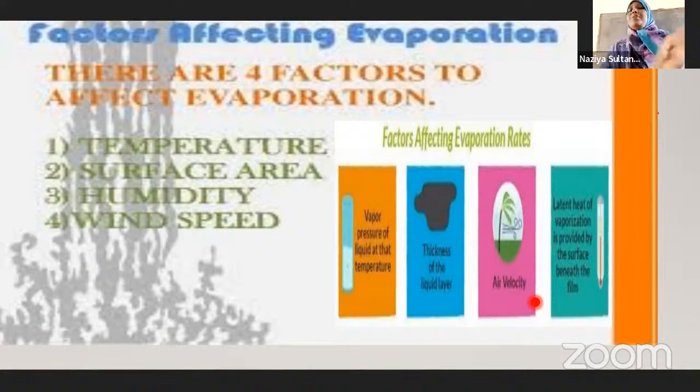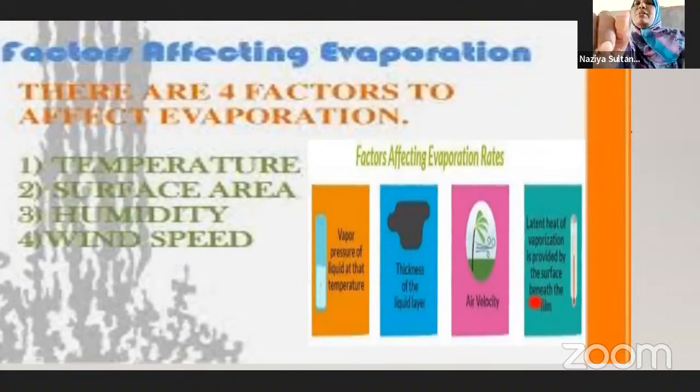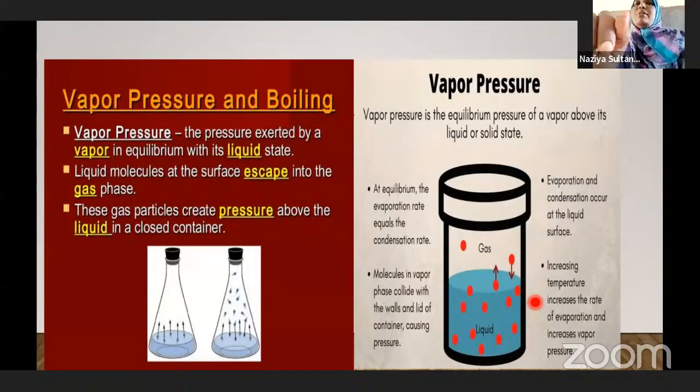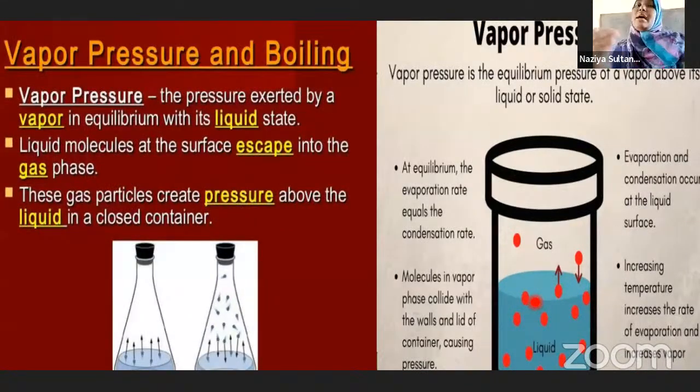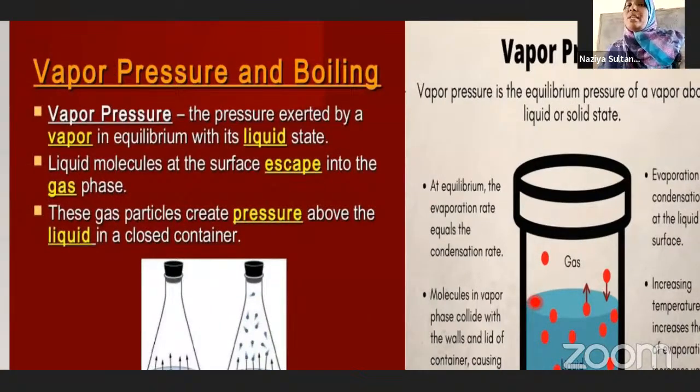Next, coming to vapor pressure and boiling. What we have just discussed, evaporation, means vapors would be there, right? As the vapors are moving away, they can again condense into the liquid. What is condensation?